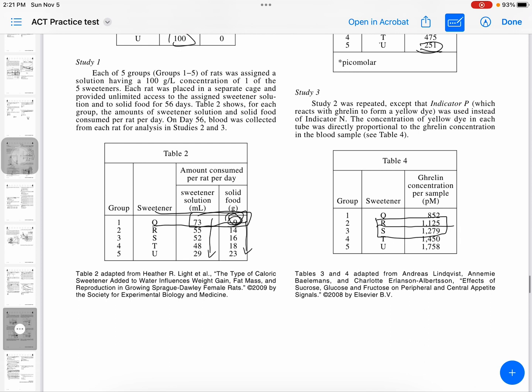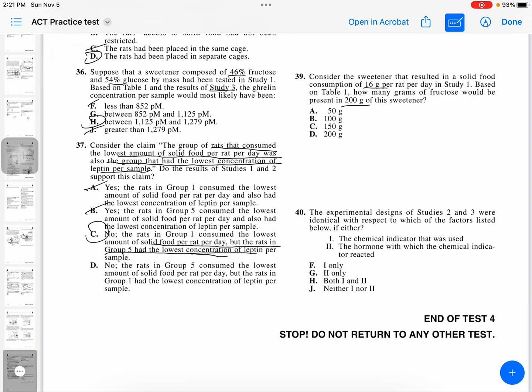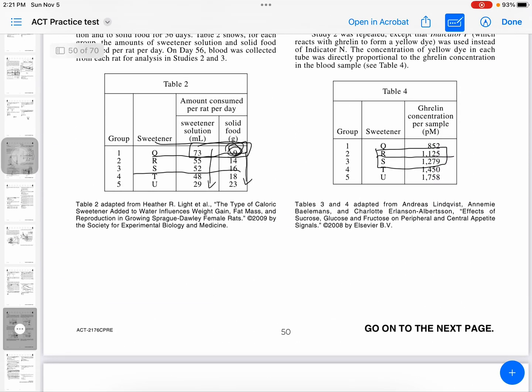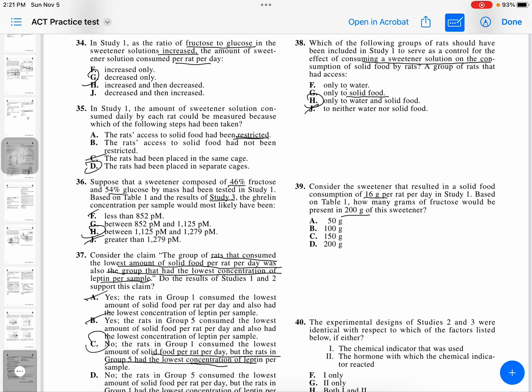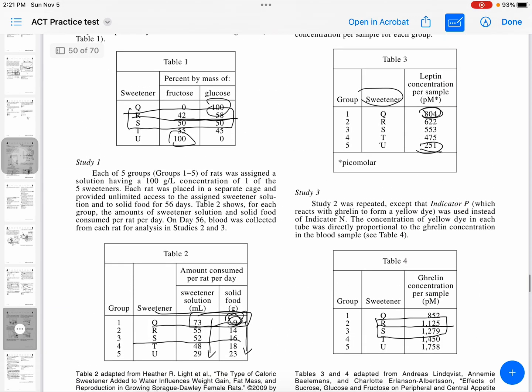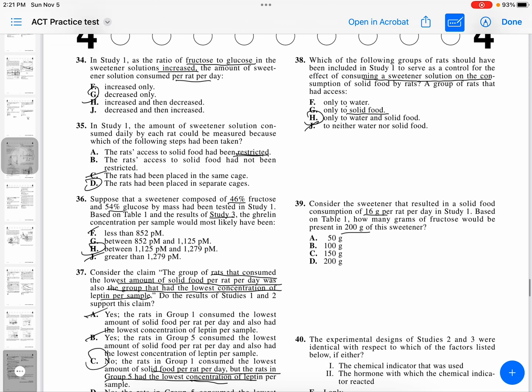Solid food consumption 16, that's going to be group 3, sweetener S. It's 50-50, so sweetener S is 50% fructose, and if it's 200 grams of that sweetener, then it's 100 grams of fructose.